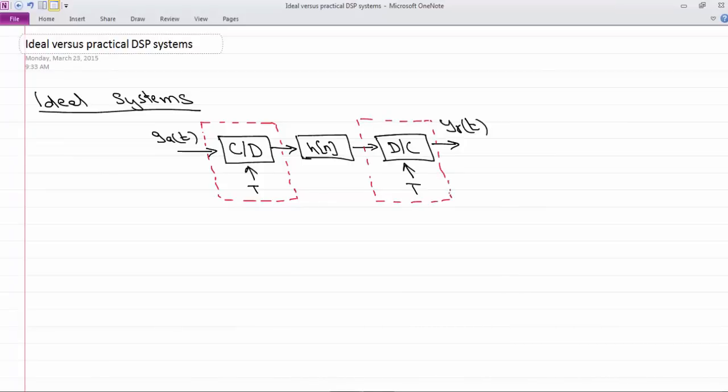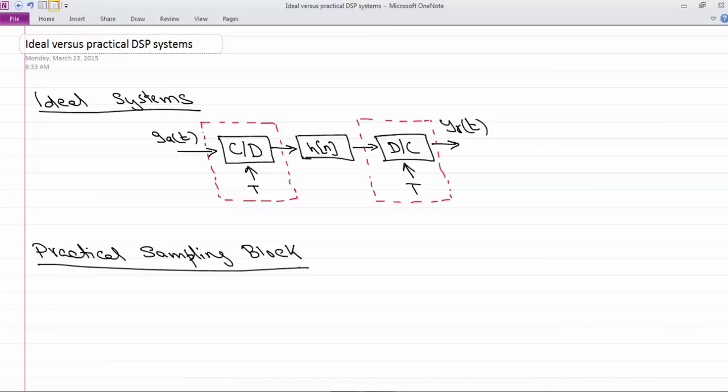It is important for us to at least be aware of these issues and understand some of the basic terminologies and concepts. So a practical sampling block will look like the following.